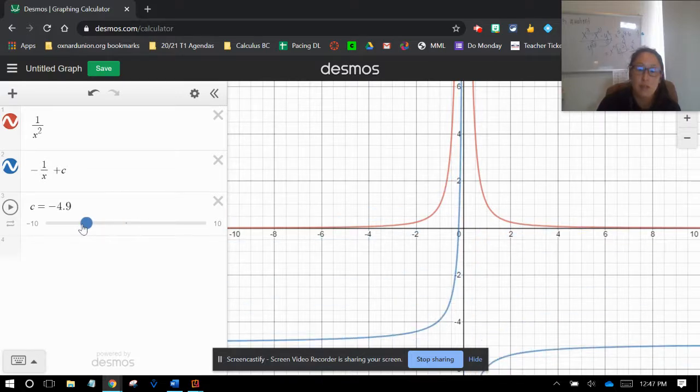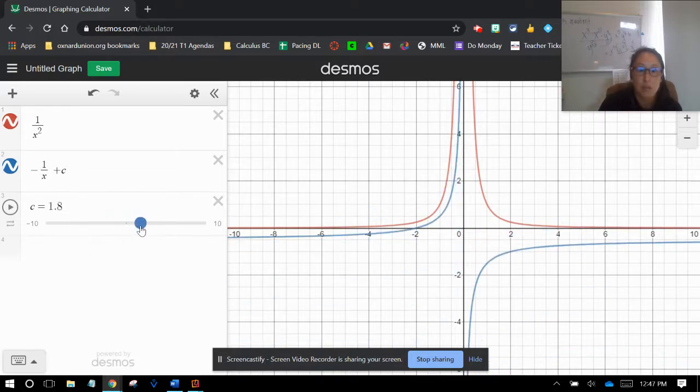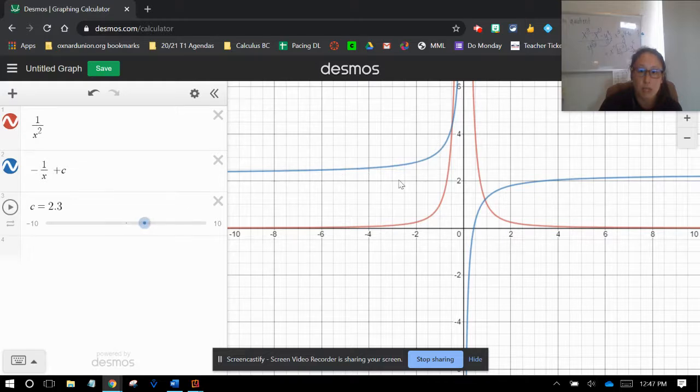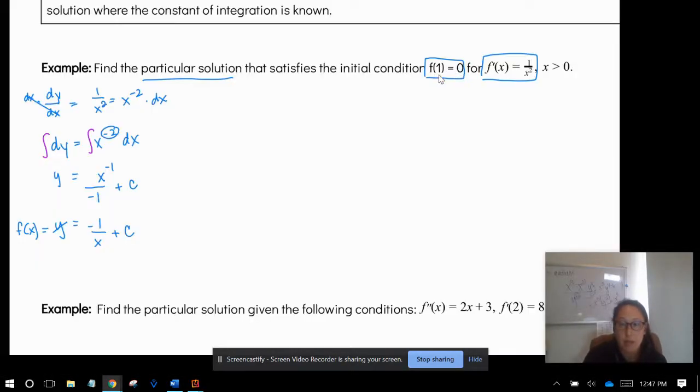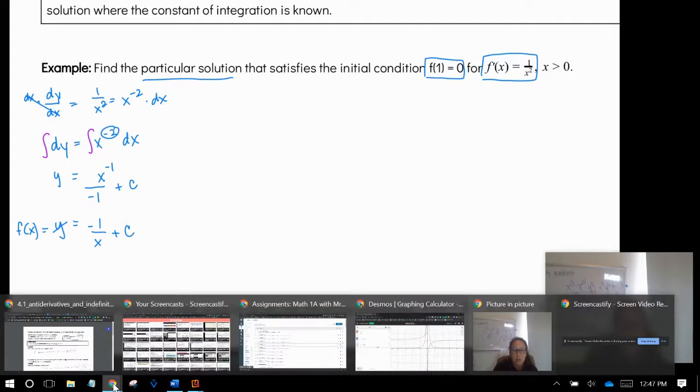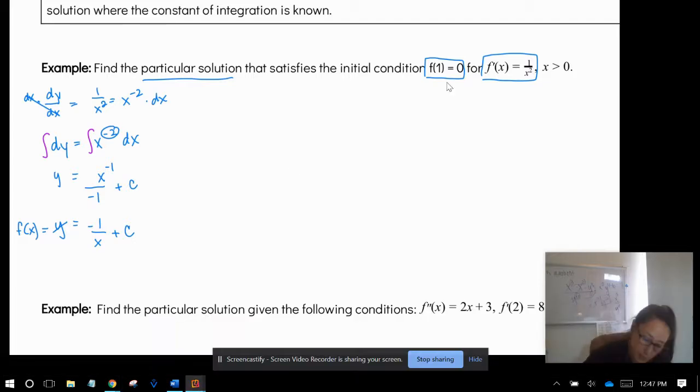So in order for us to figure out what the C value is, we need to know a point that the graph goes through. So luckily, we have that point. We have that the graph is going to go through the point 1, 0. Let's just solve for it.